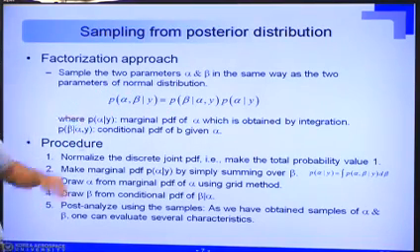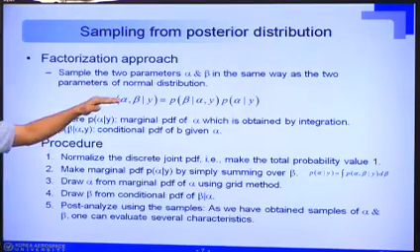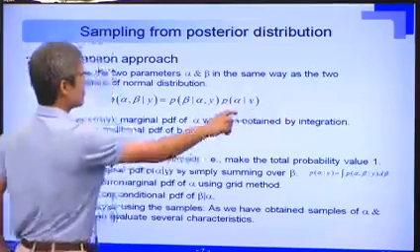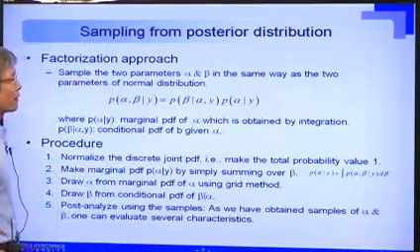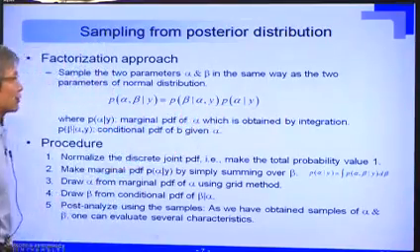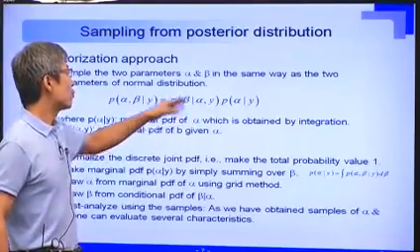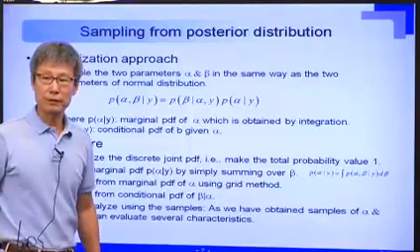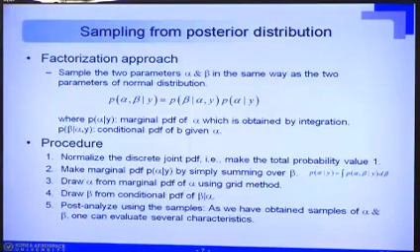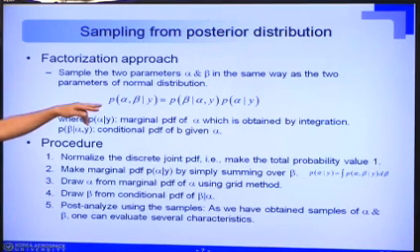So I assume that the students will also be familiar with this. And this is the marginal distribution of this joint posterior. And this is the conditional distribution, which means that we can draw beta once alpha is given. And we now go through this process to make the samples of alpha and beta.